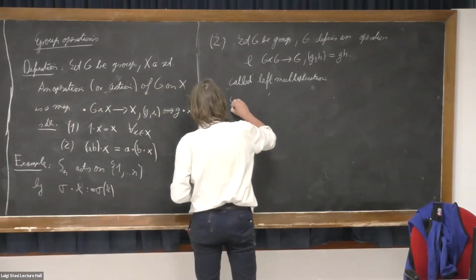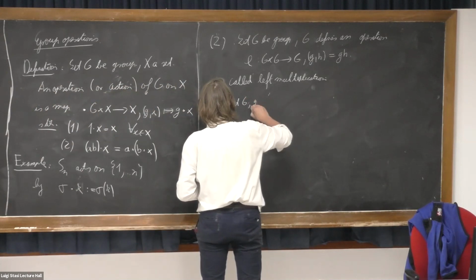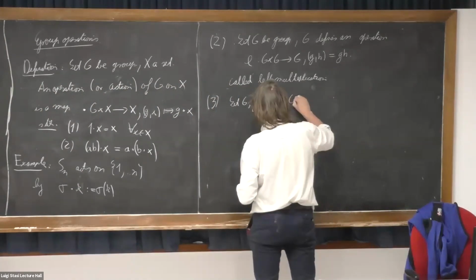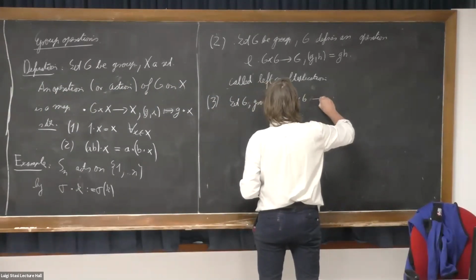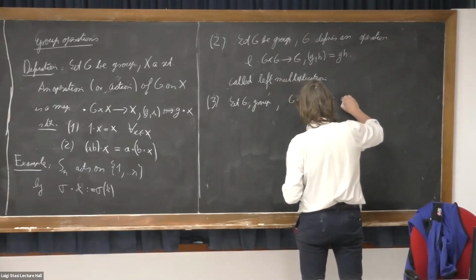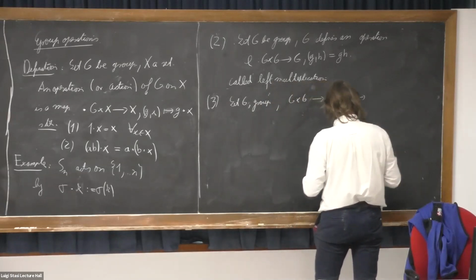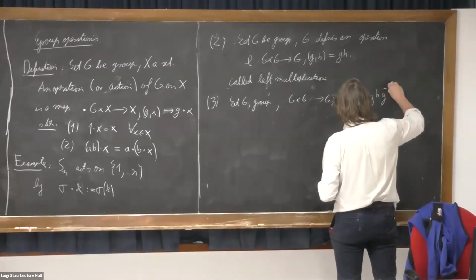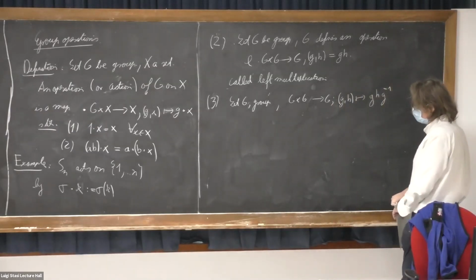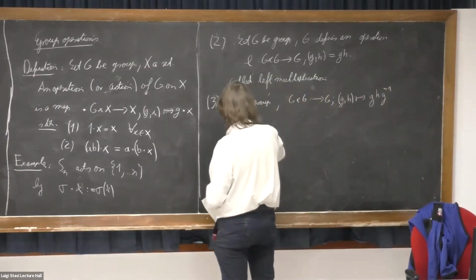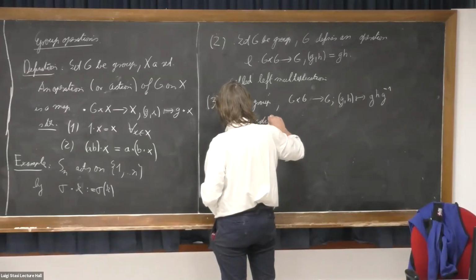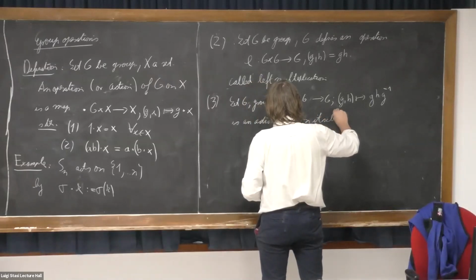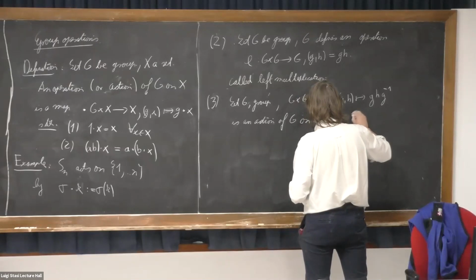For a group G, we have the action from G times G to G, which sends the pair (g, h) to g h g to the minus 1, an action of G on itself, the conjugation.